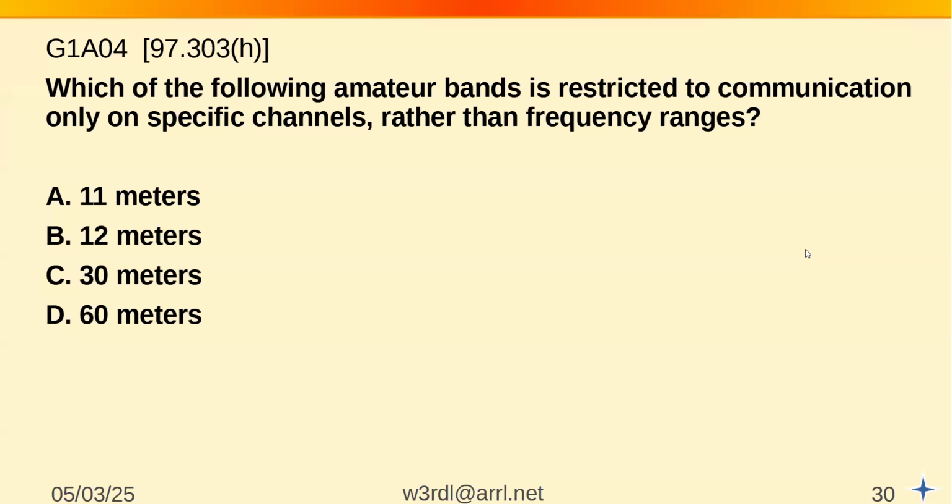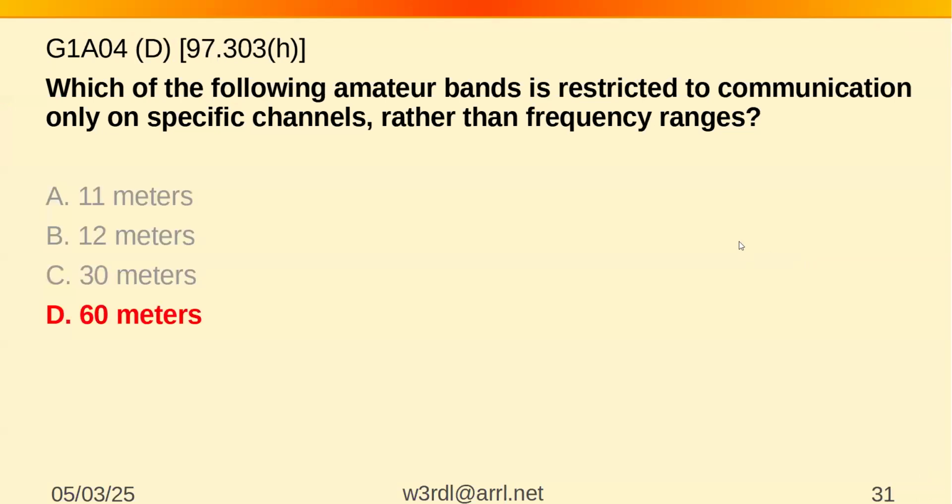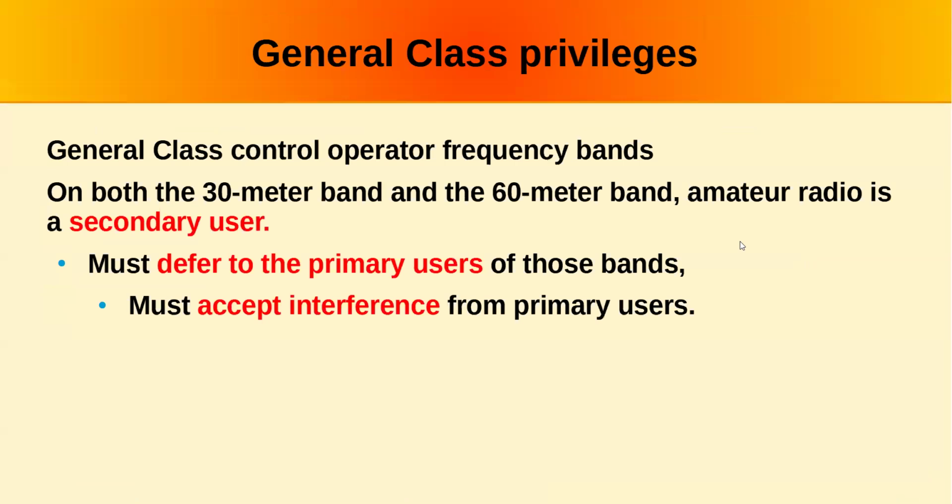Not on the test. Which of the following amateur bands is restricted to communication only on specific channels rather than frequency ranges? Wonder what that is. On 30 and 60, amateur radio is a secondary user, so we share it.